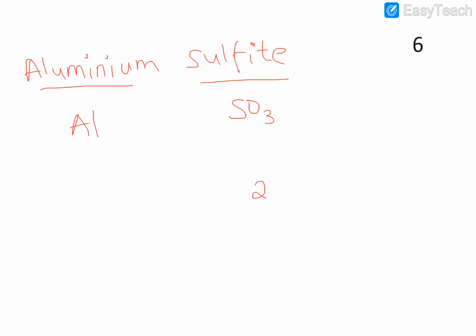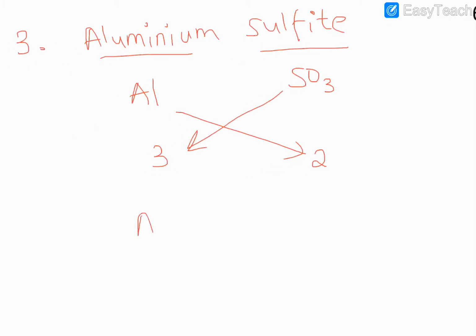Aluminium, as you know, is in group 3, therefore it will have valency 3. 3 and 2, let me cross multiply. So then the formula will be Al2, there is 2 aluminium, and SO3 in brackets 3 times, because there is 3 SO3.